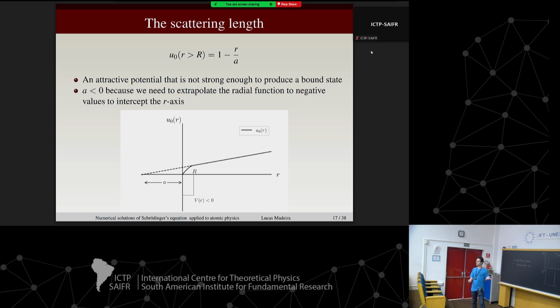So can you see this geometrical interpretation? And in this simple example, you can see that A, in this case, is larger than the range of the potential. And depending on the inclination, the slope of this straight line, I could make it much bigger, right? So I could do it so it intercepts the function here, okay?